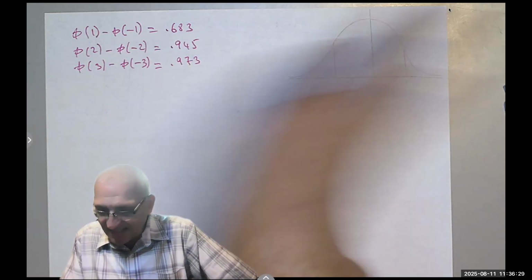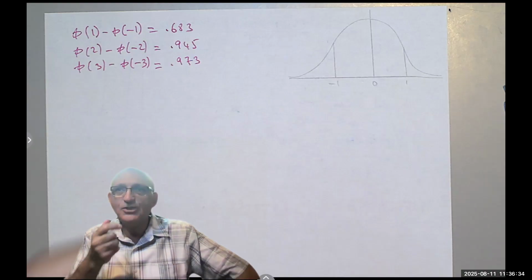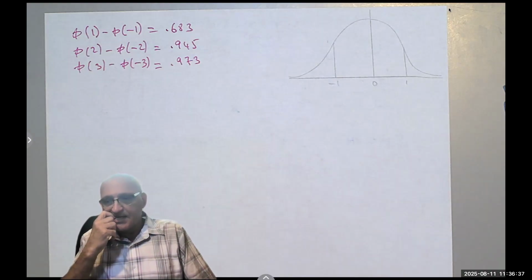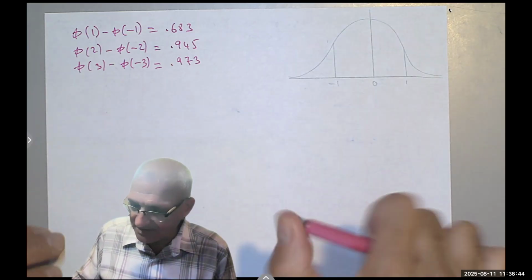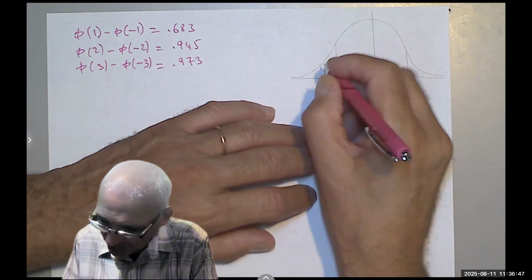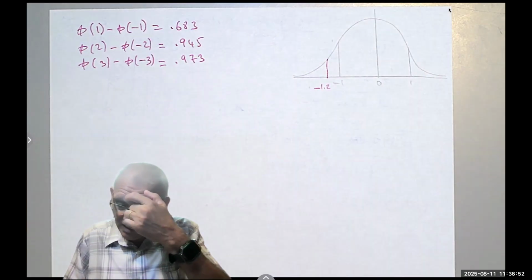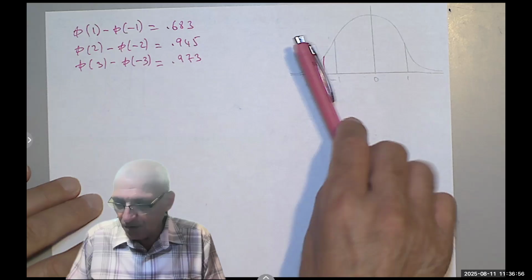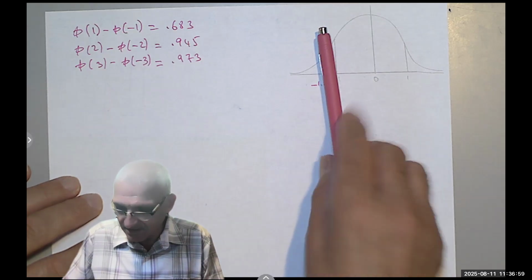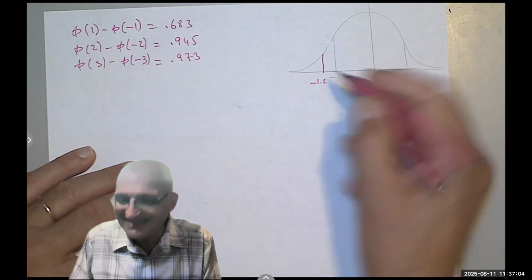Okay, but having said that, now I can tell you, suppose I have a point here at, say, negative 1.2, and I want to find the area or the probability that my random variable from this distribution is higher than that.